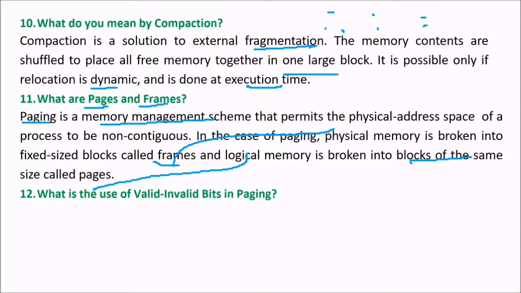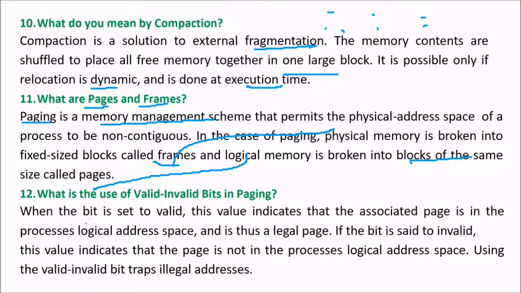Next is, what is the use of valid or invalid bits in paging? When the bit is set to valid, this value indicates that the associated page is in the process's logical address space, and thus it is a legal page.